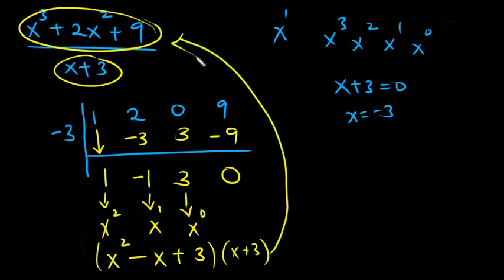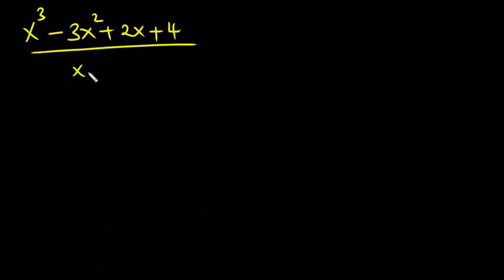So I want us to look at one final example, because I see that we are running out of time. So let's have x cubed minus 3x squared plus 2x plus 4, and then we divide it by x minus 3.